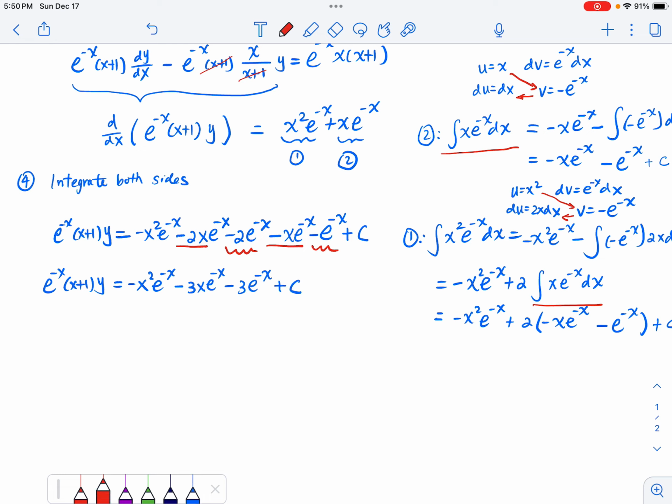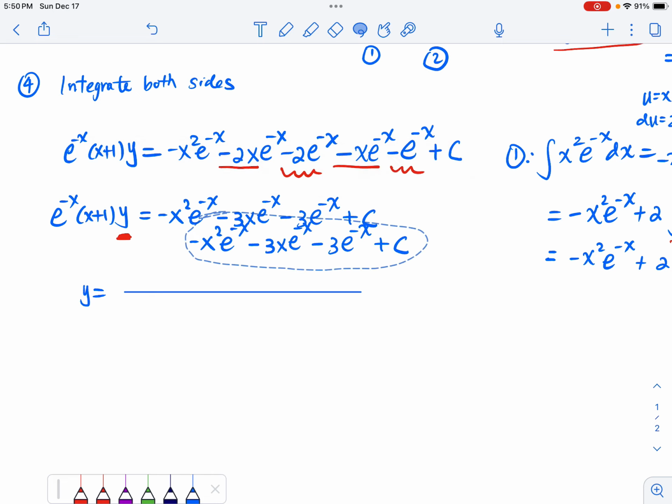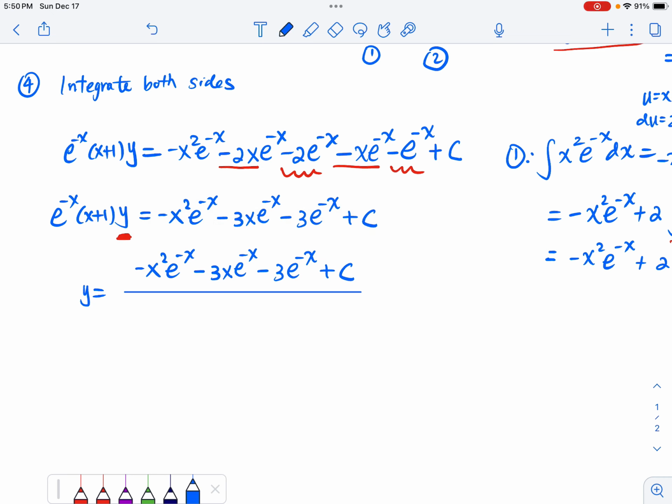Okay, I think now we just need to solve for y, right? So let's solve for y by dividing both sides by this part. And so therefore y is equal to this whole thing divided by e to the negative x, and then x plus 1.